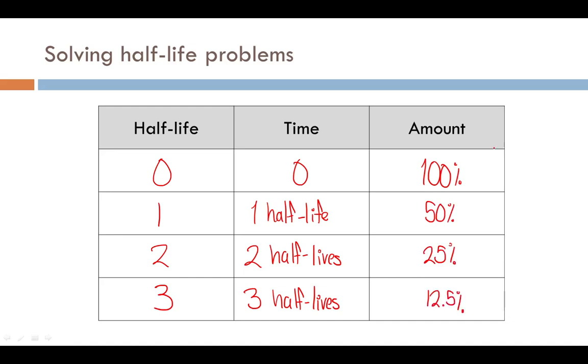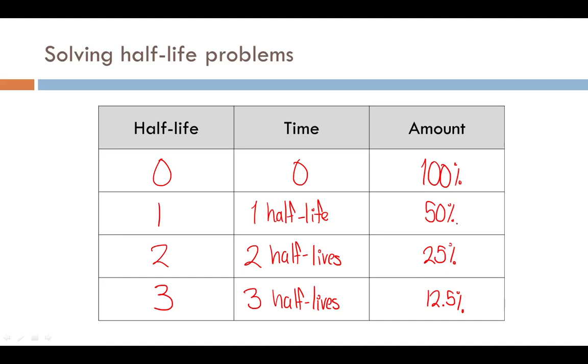Okay, or it could start as a mass, like 50 grams, 25 grams, 12 and a half grams, and so on. So if we know two of these things, we can figure out the third. So if we know what time and the amount are, we can figure out how many half-lives there's been. If we know how many half-lives and how much time there's been, we can figure out how much of the amount remains, and so forth.